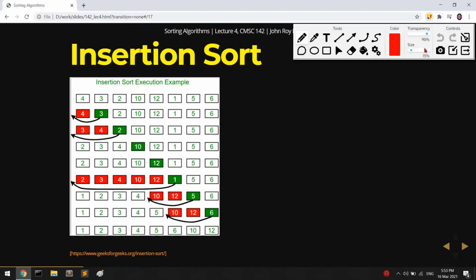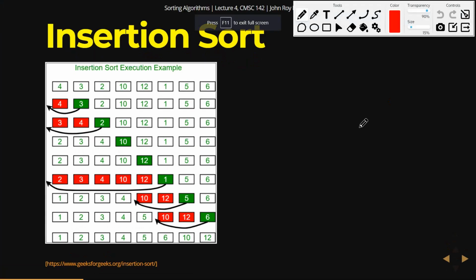So this is an example of insertion sort in action. So let's say this is our input array 4, 3, 2, 10, 12, 1, 5, 6. Okay, so of course, if we start with 4 by itself, then that's already sorted. So this part here is already sorted. Now the next one that we'll look at is 3.